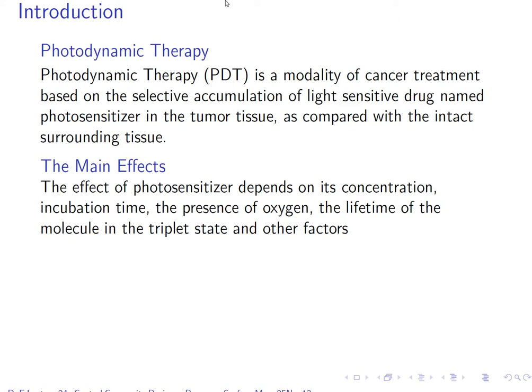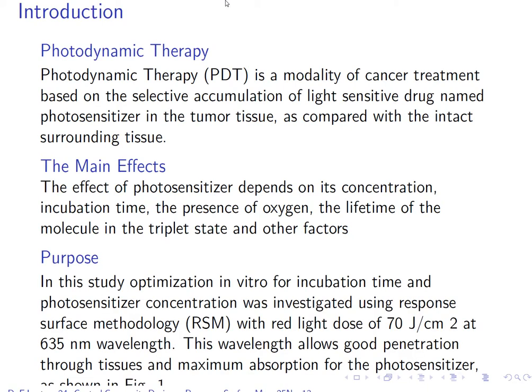Right. So the main effects of the drug depend on concentration, incubation time, oxygen present in the blood, the lifetime of the molecule, of the light-sensitive photosensitizer itself, and other factors that are not germane to our particular interests. Okay.